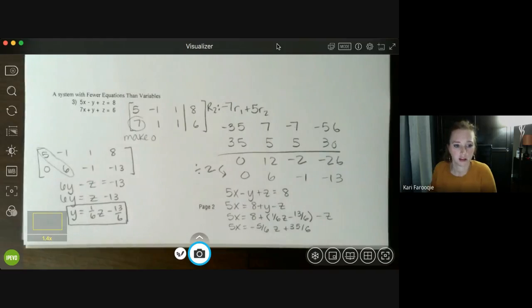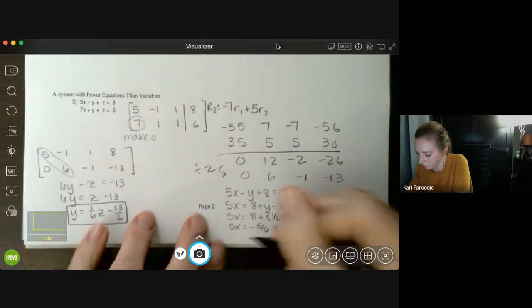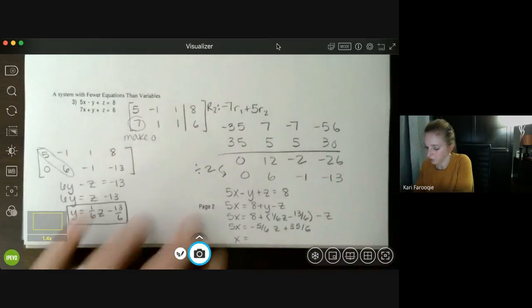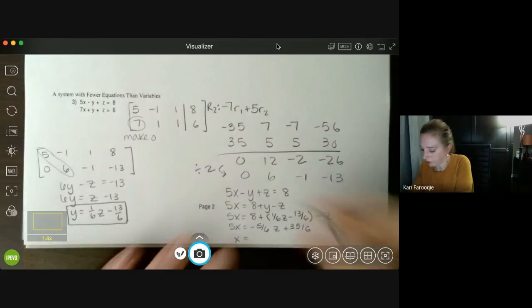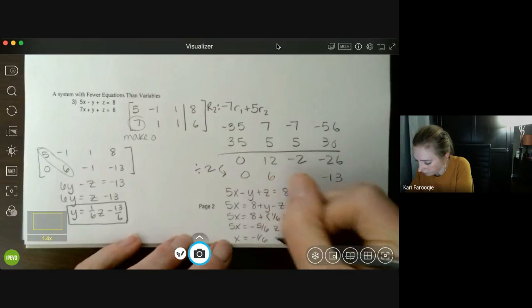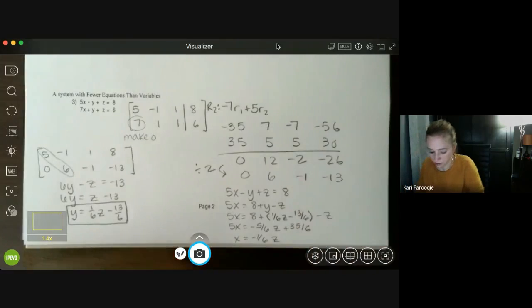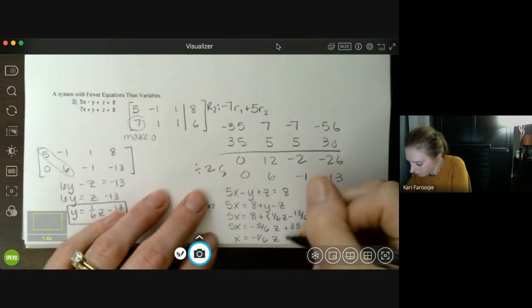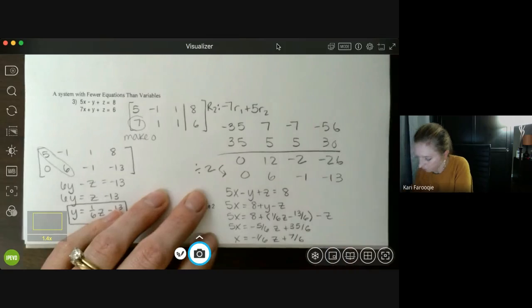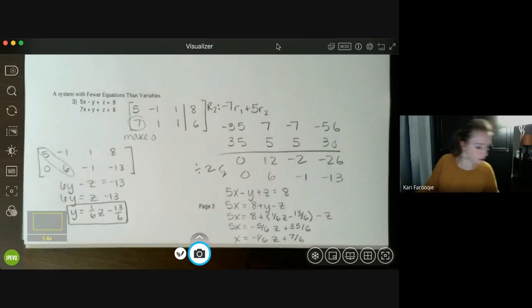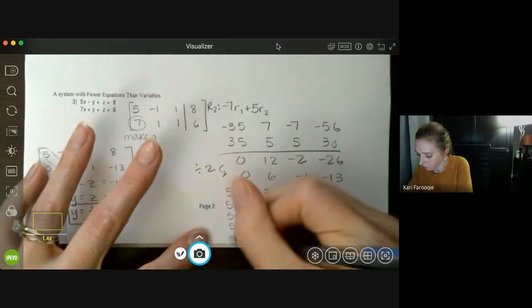And then divide each term by 5. So negative 5/6 divided by 5 is negative 1/6. And then 35/6 divided by 5 is 7/6. Negative 1/6 z plus 7/6.